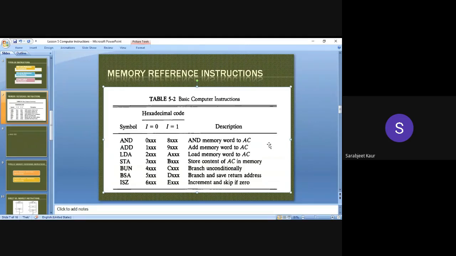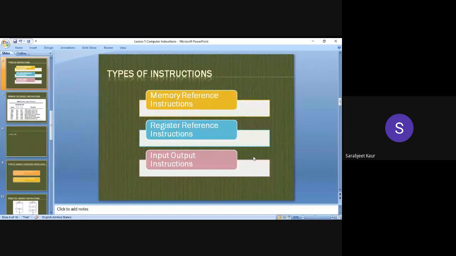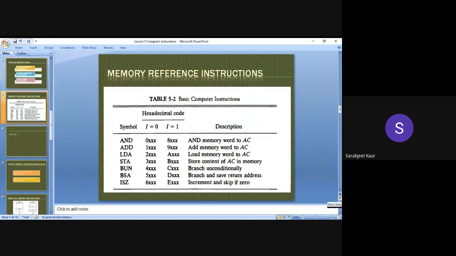What it means is load into AC whatever is placed at 200. So suppose, let me just draw it here if that makes it clearer to you.